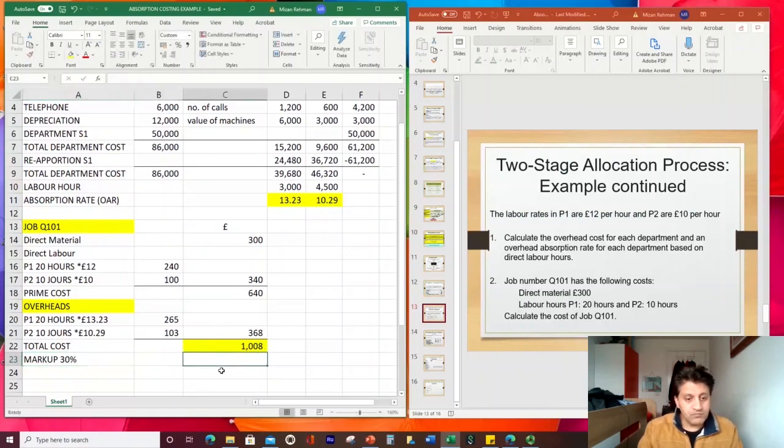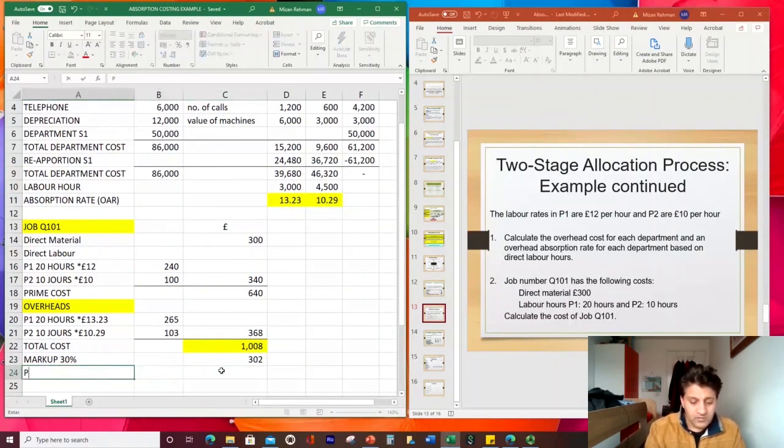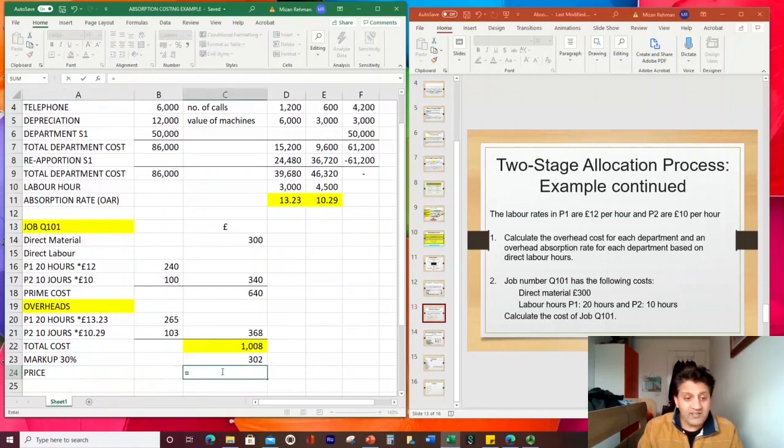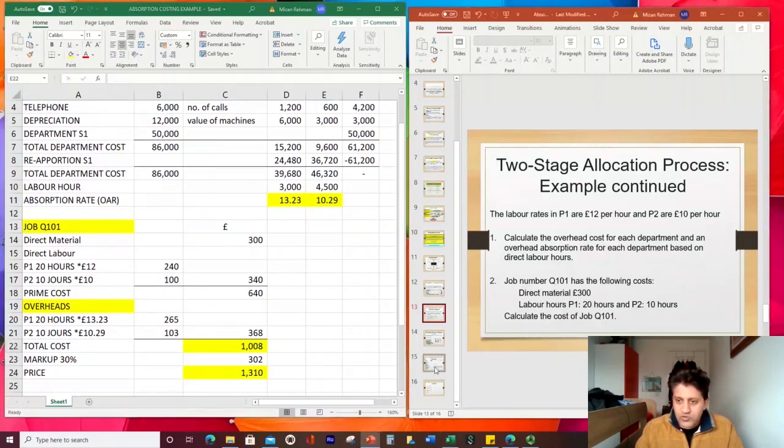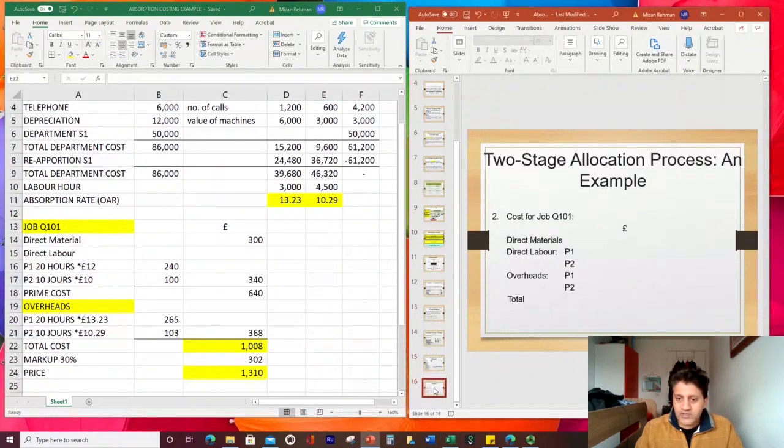So we add times 0.3, and the price of the job would be, now I'm just extending this last bit. This price was not needed in the original question, but just to give you a full picture, I've done this. That's how they would price it. So guys, that's what we were supposed to do in these slides. As you can see, I filled it in.